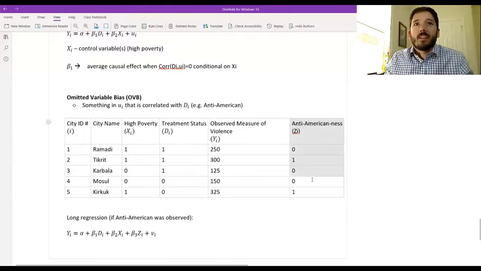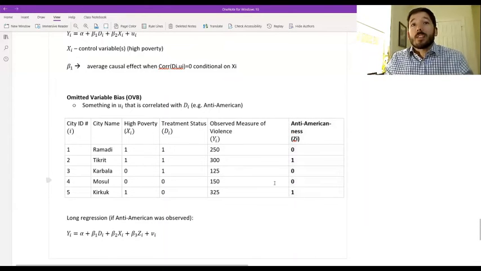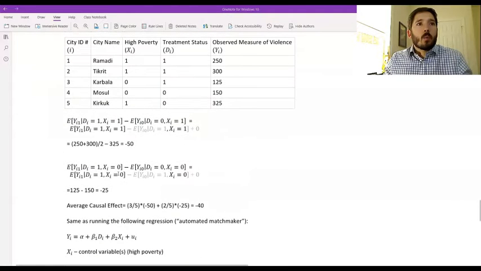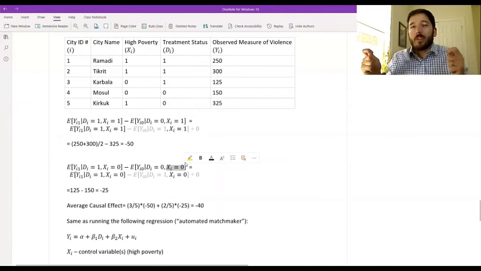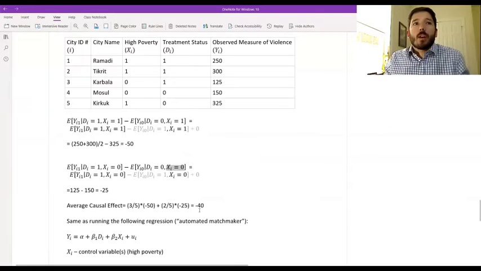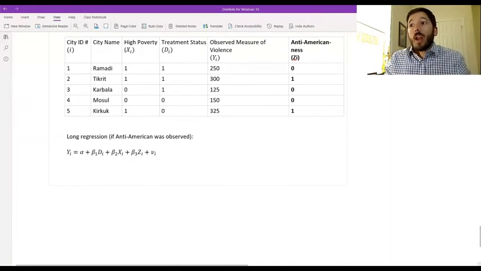We're saying this stuff is not actually observed, but we're going to pretend we do observe it and see what happens. If we run that regression, just like before where we conditioned on x_i and took the average observed difference, we now do the same thing, but for x_i and z_i.